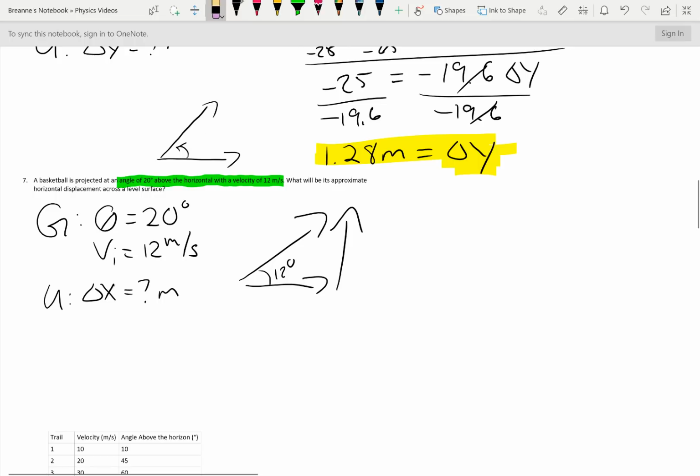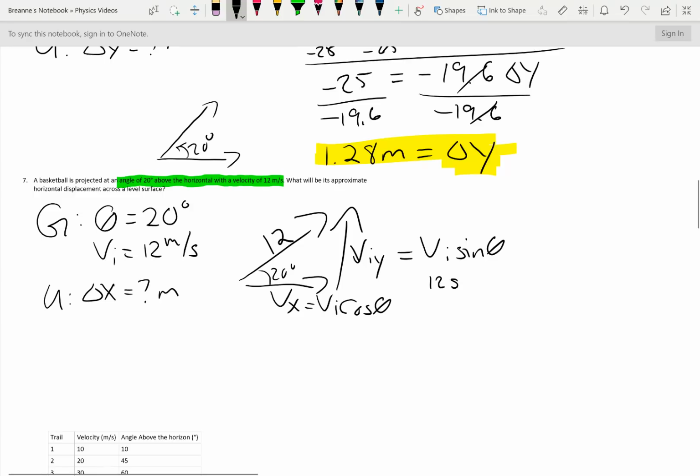I put 12 there. I should have put 20 there. That should be a 20. There we go. And 12 here. So our velocity in the x is in the horizontal direction. Y is in the vertical direction. So we can just use vi cosine theta, vi sine theta. Our vi is 12, sine of 20.